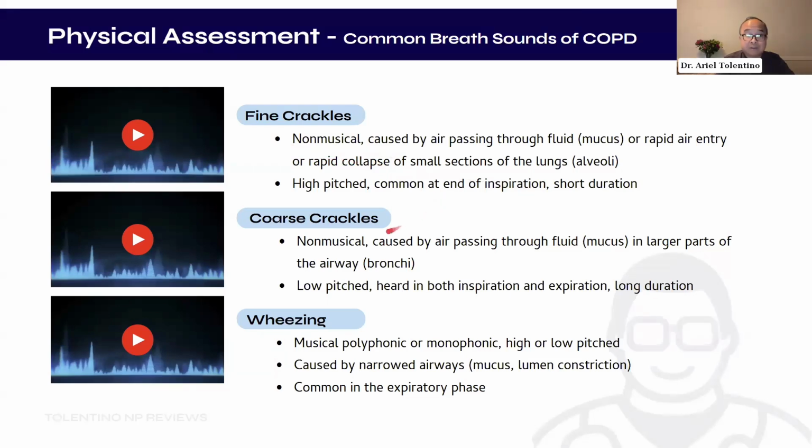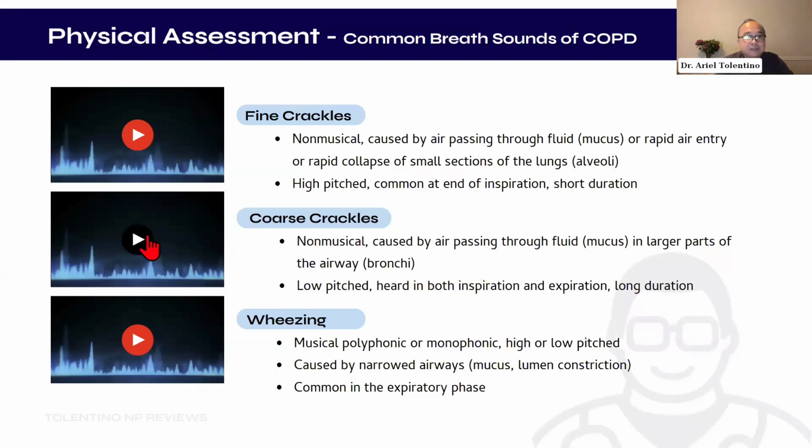Now let's go to coarse crackles. Now to compare to fine crackles, it's also non-musical. But then the passage of air would be through mucus in the larger airway, like the bronchi. Okay, it is relatively lower in pitch and heard in both inspiration and expiration. And because of that, you'll find it with a longer duration compared to fine crackles.